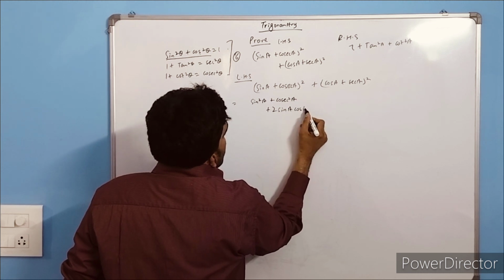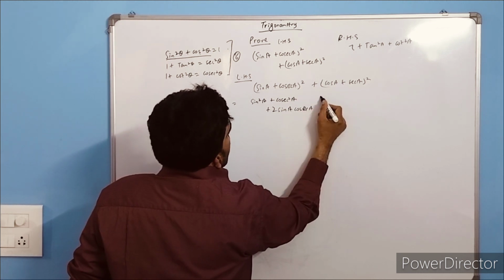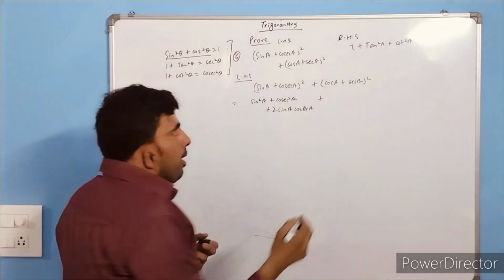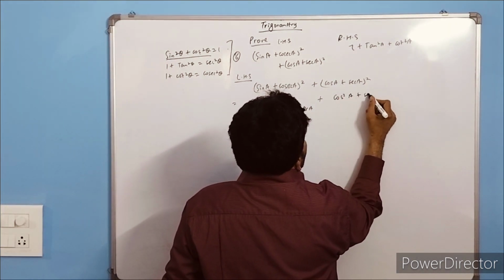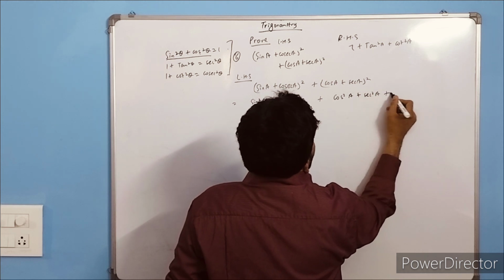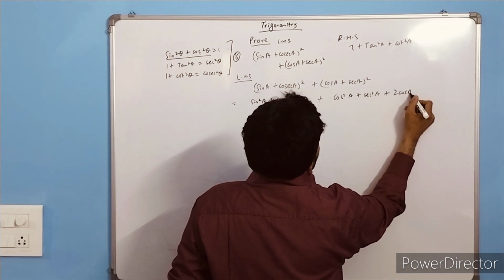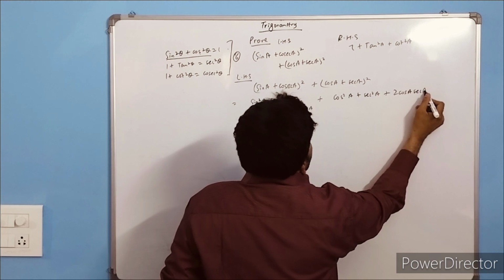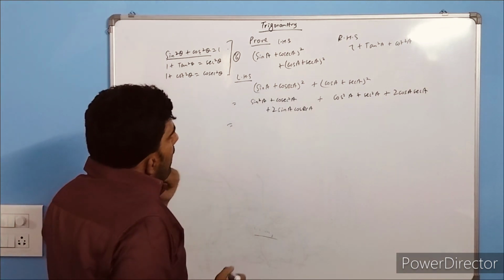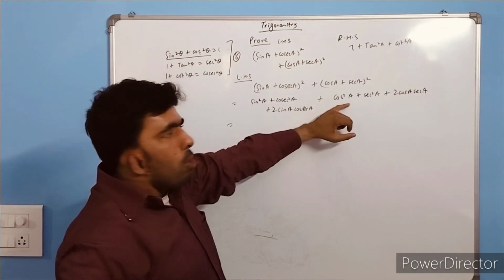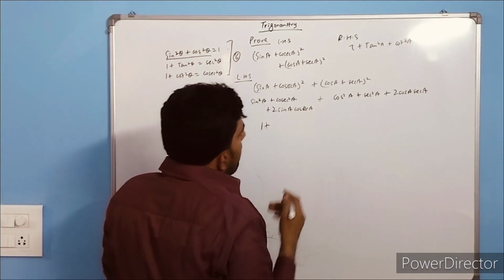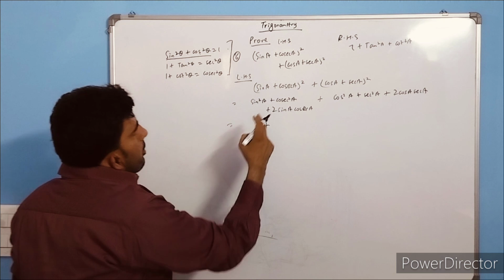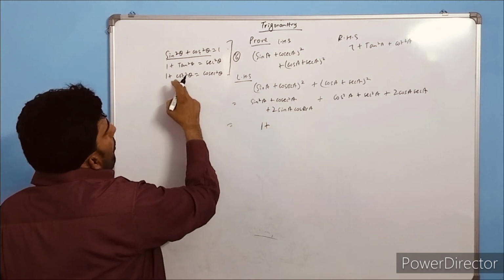Here also (A plus B) whole square is A square plus B square plus 2AB. Now you can see sin square A plus cos square A is 1. And now what we can write? What is cosec square A? 1 plus cot square.